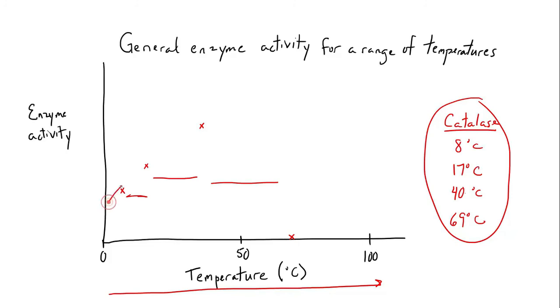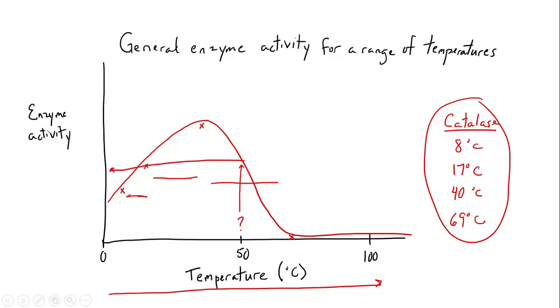So when we draw this trend line, it's actually curved, and we could then estimate, for example, what if we want to know how would this react at 50 degrees? We would estimate that the enzyme activity is somewhere right around here, kind of moderate. So that gives us the ability to do so. So that's part of the reason we want that trend line, or the axis, to be proportional and those numbers spread out that way.